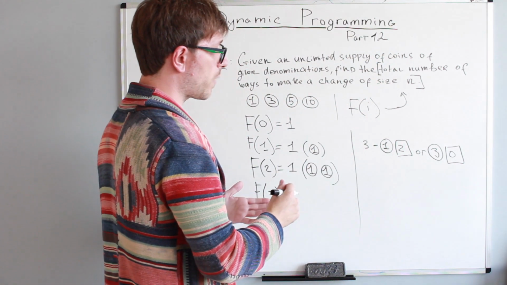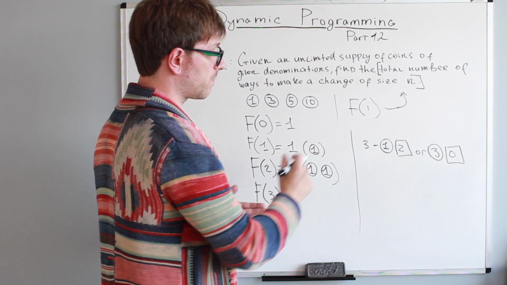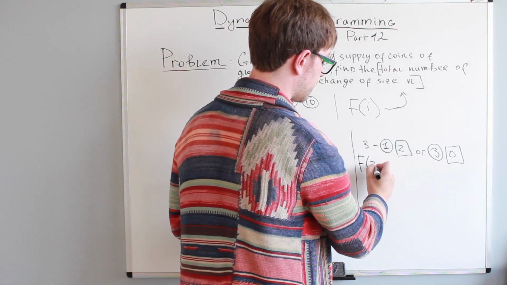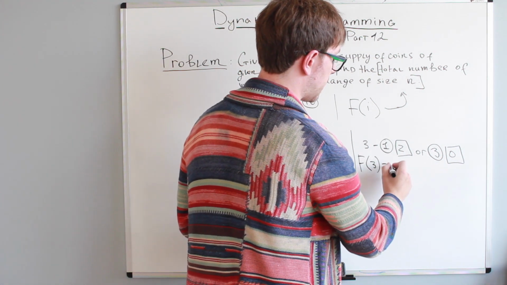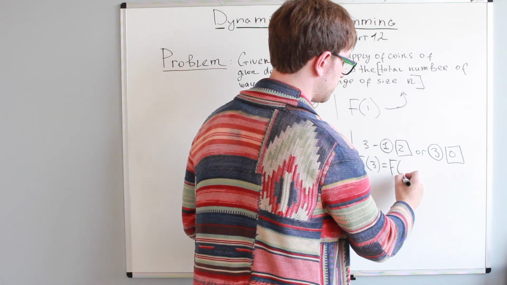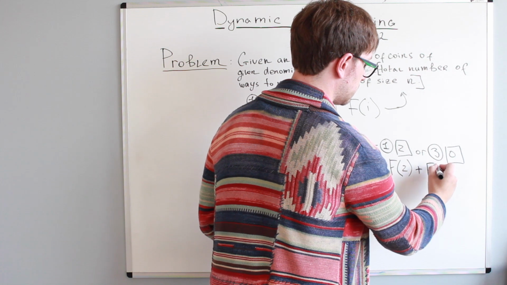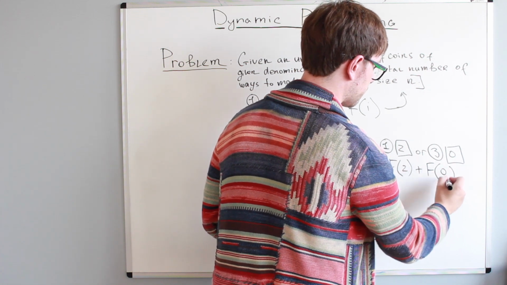And the more formal way of writing it is f of 3 equals f of 2 plus f of 0.